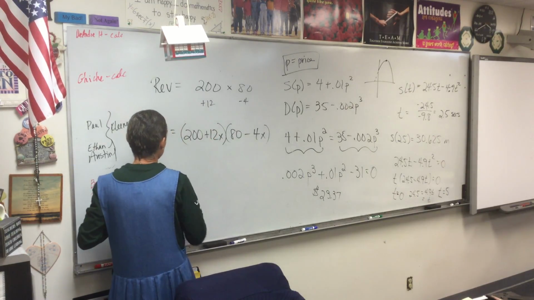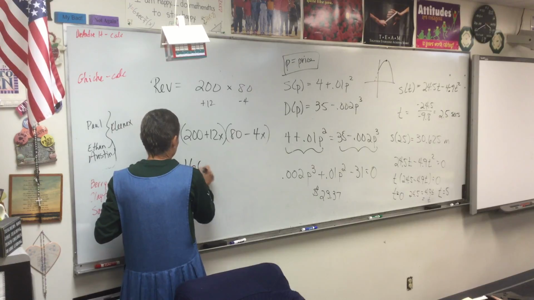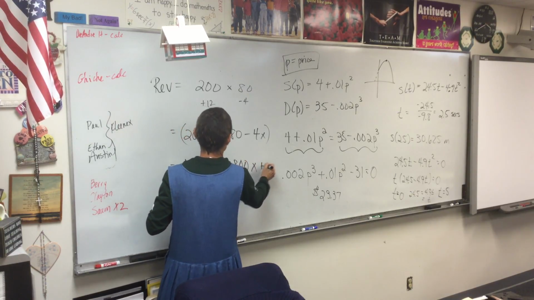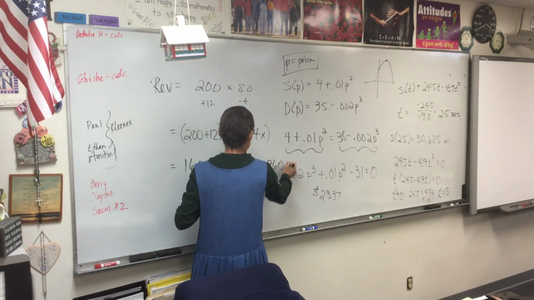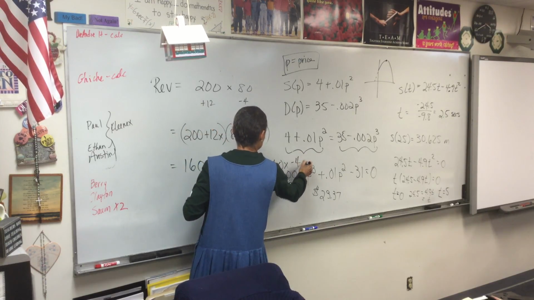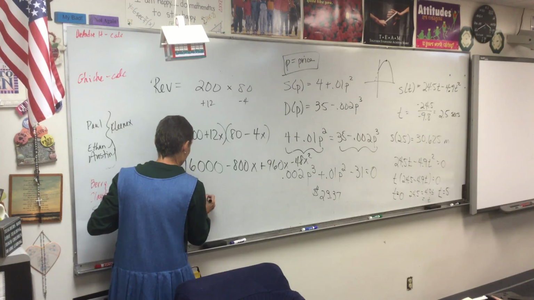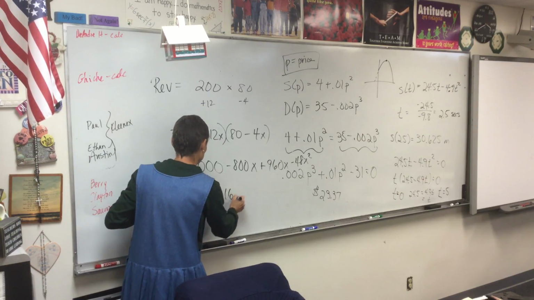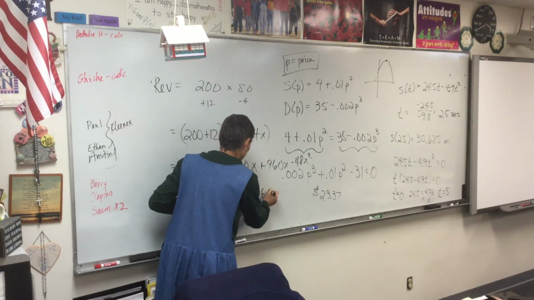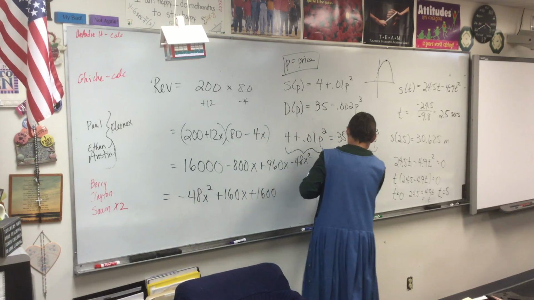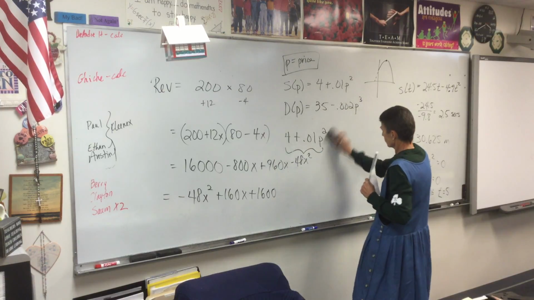All right, so we FOIL it out, and hopefully I've got my arithmetic going well. I have no idea if I do or not. I'm trusting that you'll correct me. So I just FOILed.